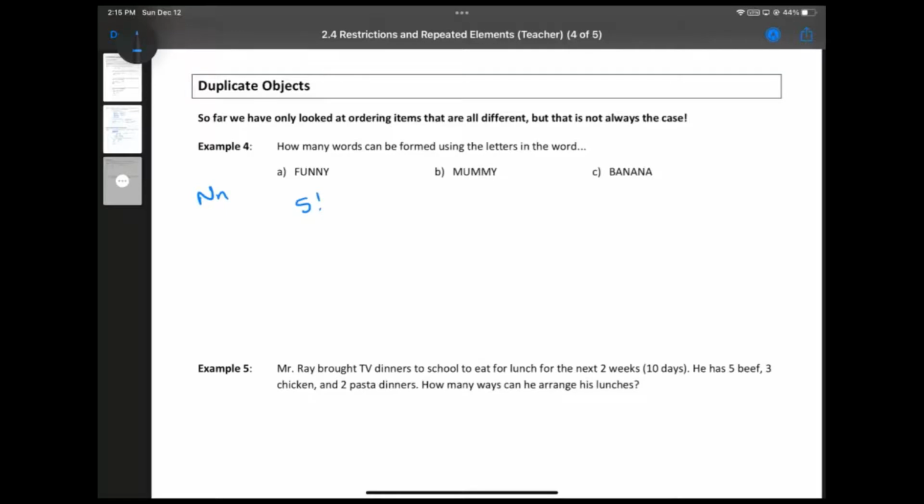So 5 factorial ways of rearranging. However, for capital N and lowercase n, the order doesn't matter. It could either be capital then lower, or lower then capital, which means there are 2 different ways I could rearrange those, regardless of where they fall in the word.